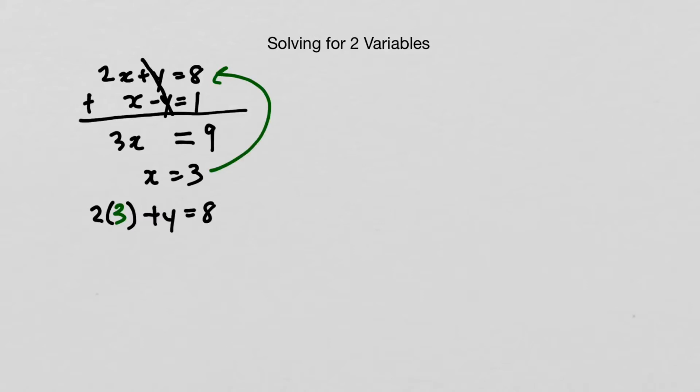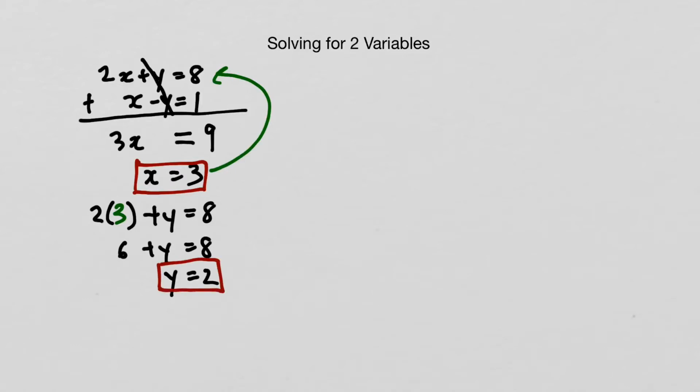So 2 times 3 is 6, plus y is equal to 8. I'm going to subtract 6 from both sides. y is now equal to 2. So now we have the answers: x is 3, and y is equal to 2.